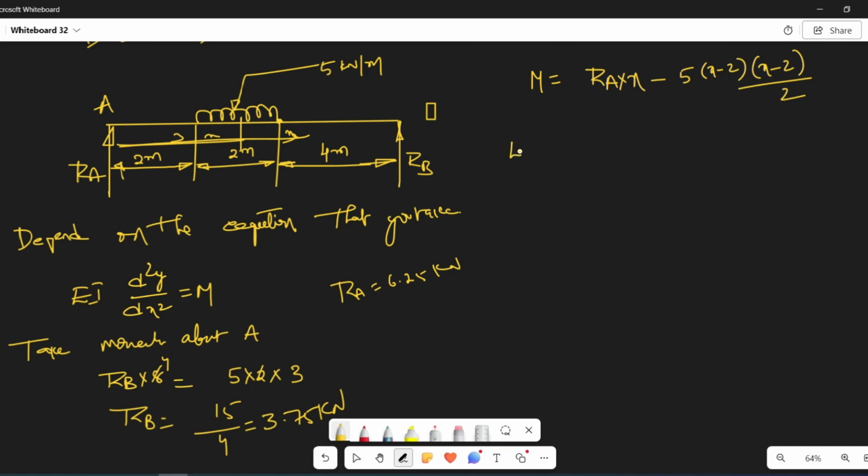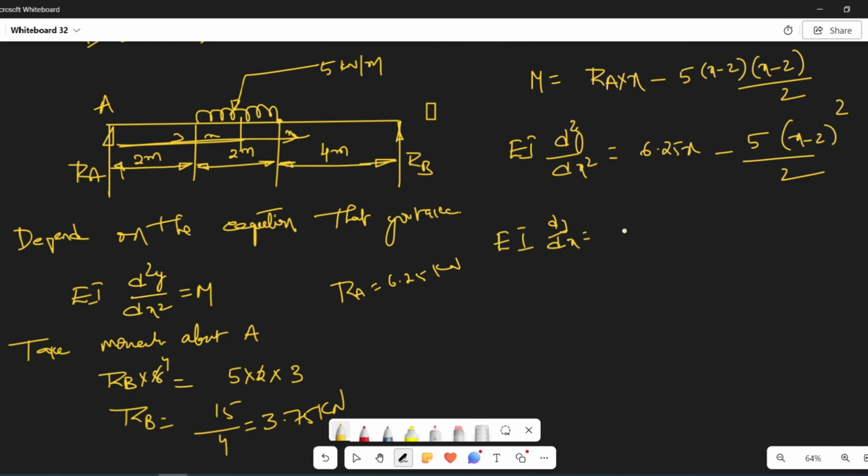So take the equation EI d square y by dx square equal to RA into x minus 5 into (x minus 2) square by 2. Keep on solving this equation.